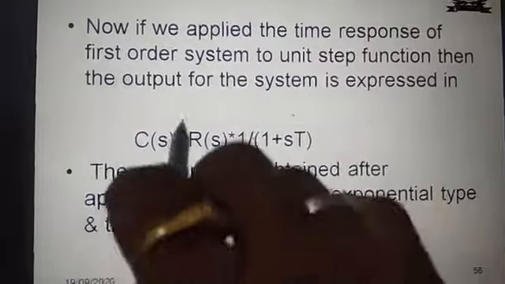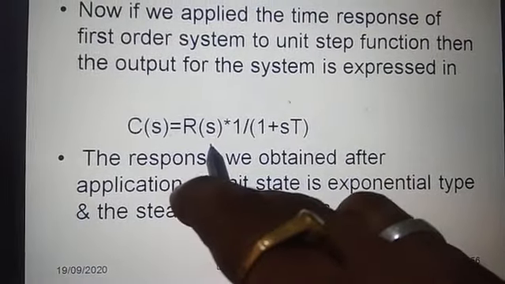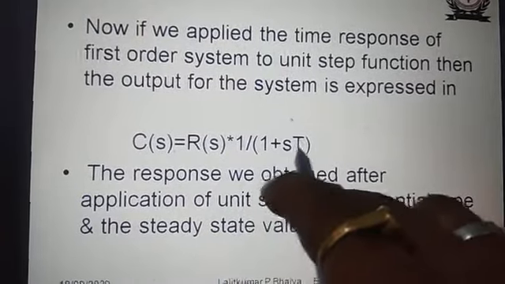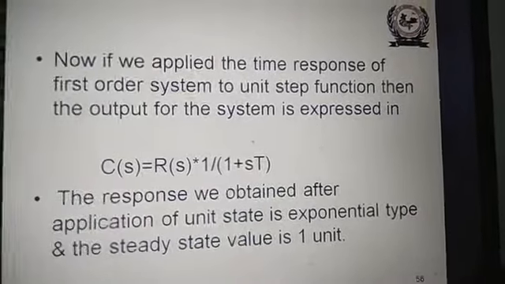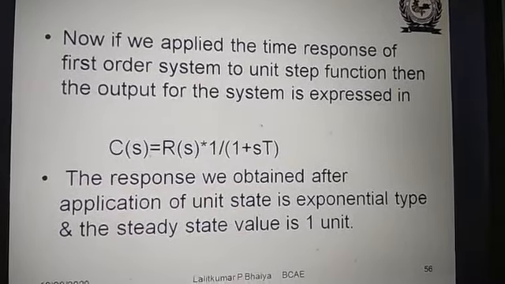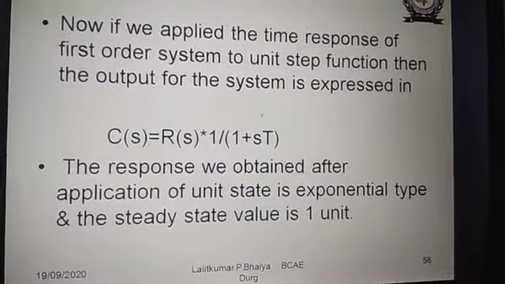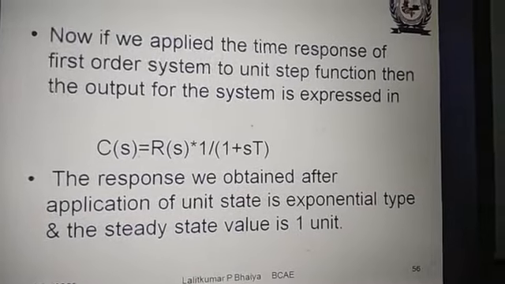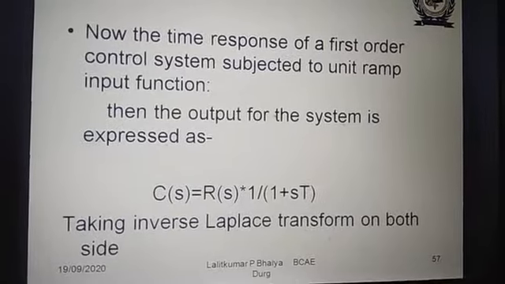C of s is the output and R of s is the input, so C of s upon R of s is the transfer function, which is equal to 1 upon 1 plus Ts. This is the response of the system for a unit step input. For unit step input, the transfer function is C of s upon R of s equal to 1 upon 1 plus Ts. First order system, this is the transfer function.